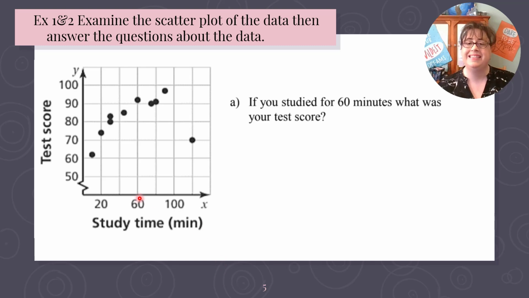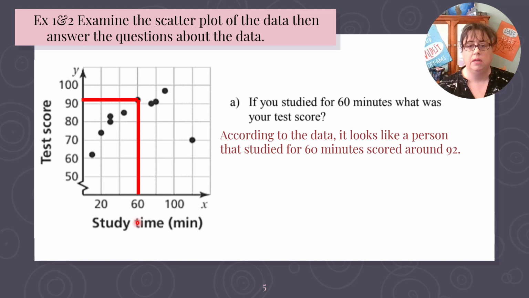This is asking a very specific point. So for study time, you read across until you get to 60 minutes, which is right here. And then you find there's your dot. So you read across and that was your score. It looks like that would be about 92-ish. So according to the data, a person that studied for 60 minutes scored around a 92.